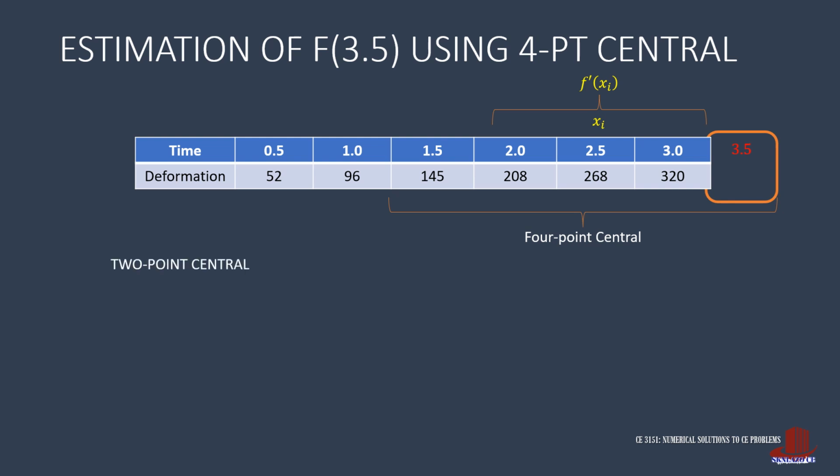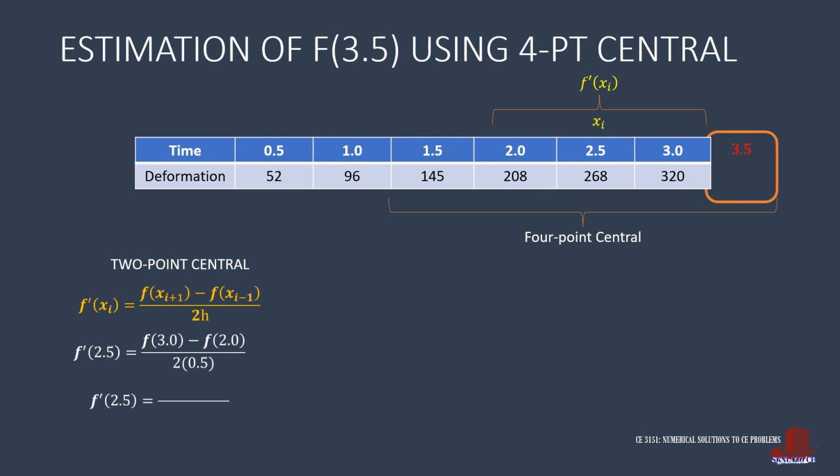Start by looking for f prime of 2.5 using 2-point central, giving the equation f of xi plus 1 minus f of xi minus 1 upon 2h. This is stated as f of 3 minus f of 2 over twice of 0.5, or taken as 320 minus 208 all over 1. F prime of 2.5 is 112.